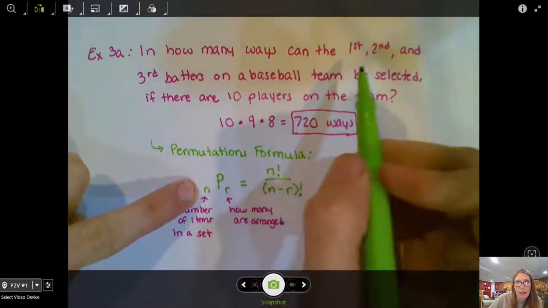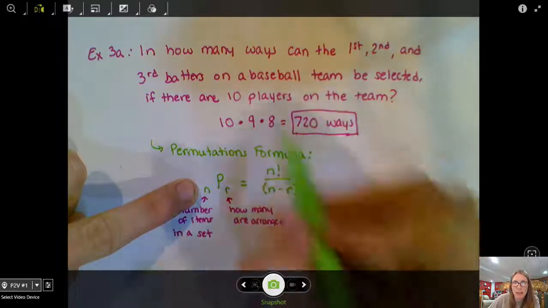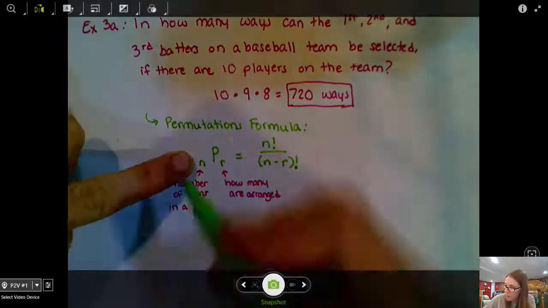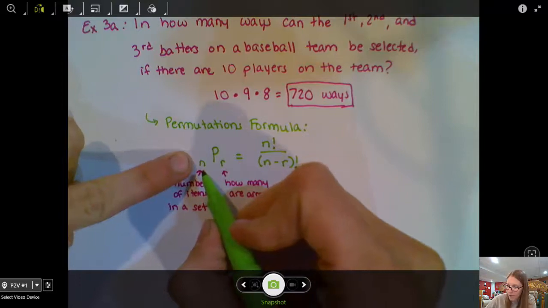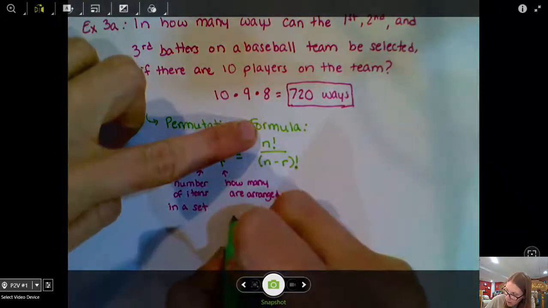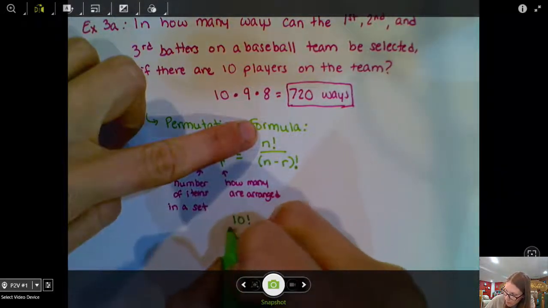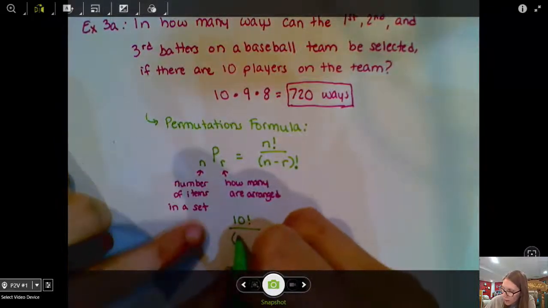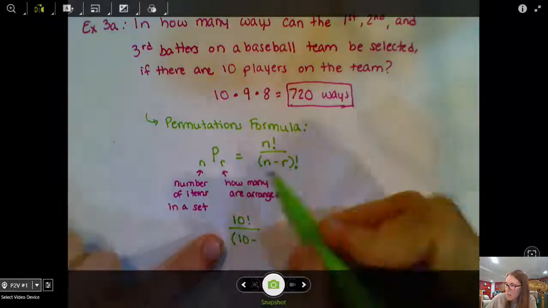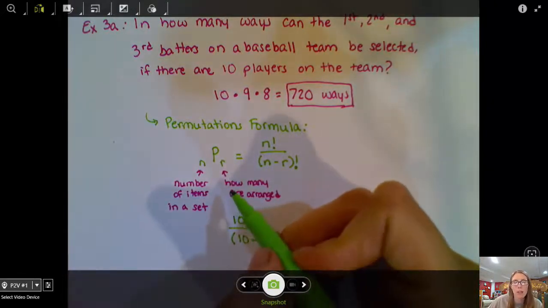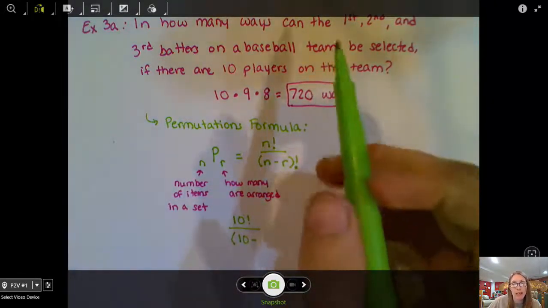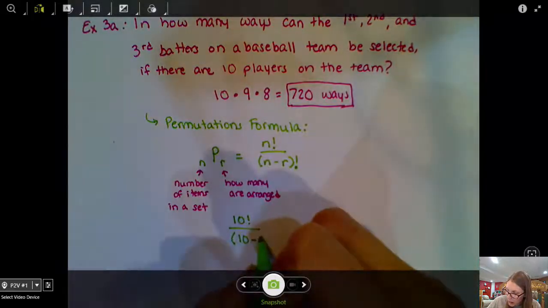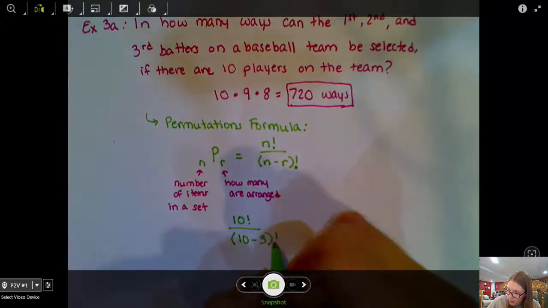So if I again was trying to figure out how many different ways these first 3 batters can be selected on our baseball team, I have 10 factorial on top over N minus R. Well, we figured out N was 10 already. R is how many are being arranged. We have first, second, and third batters that we care about. So R is 3 in this case. 10 minus 3 factorial.